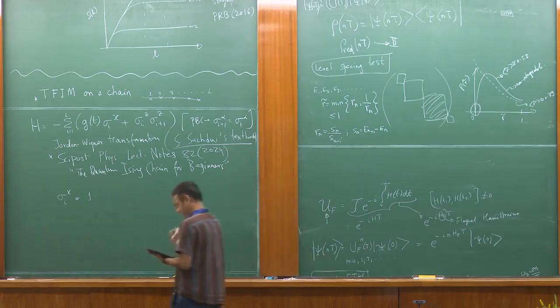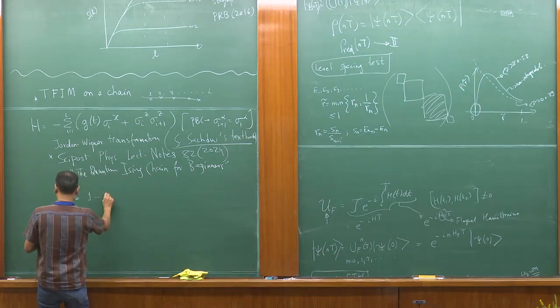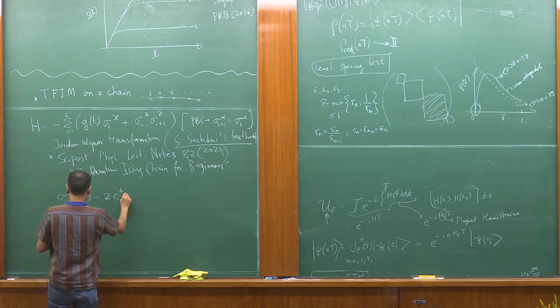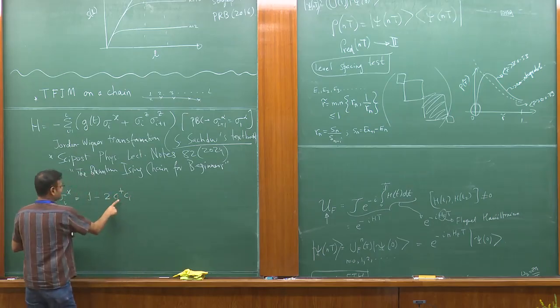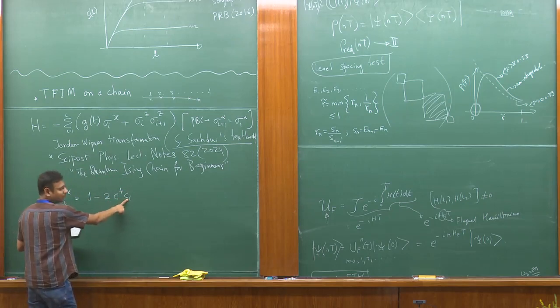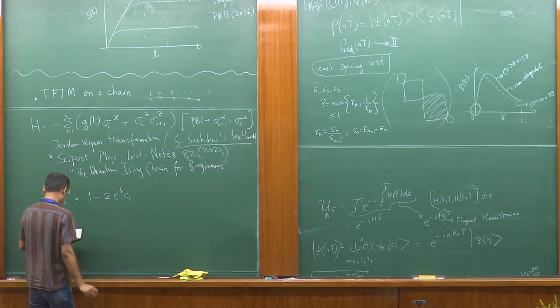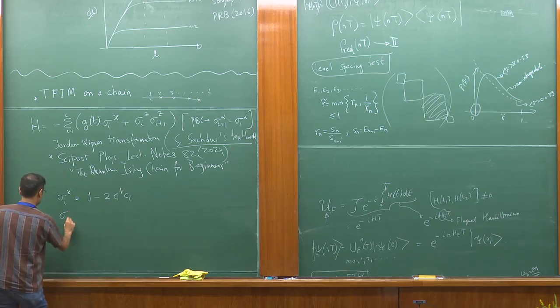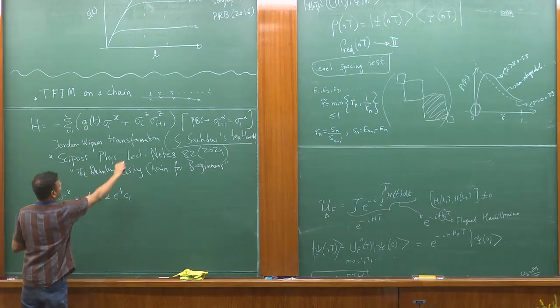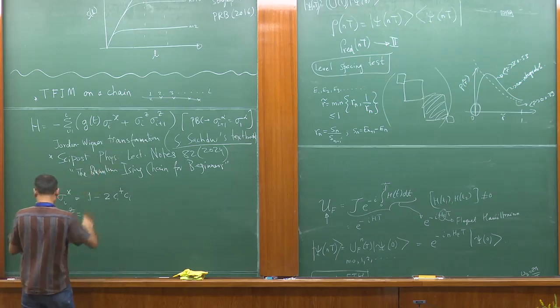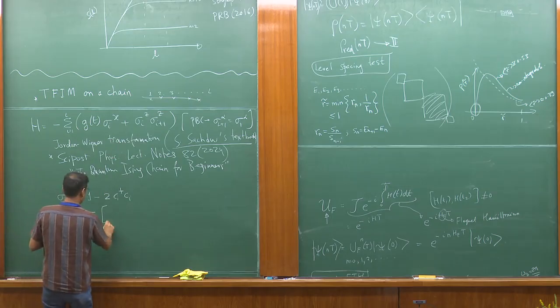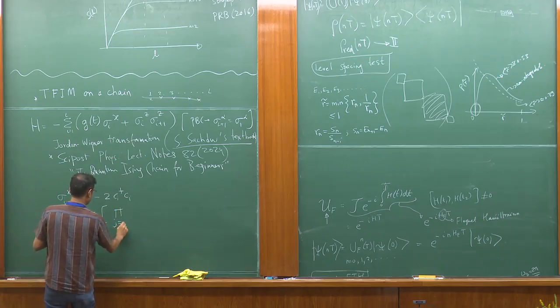Okay? So what is this mapping? This is the following, where these are creation and annihilation operators for the spinless fermions. And by the way, I'm writing the transformation on a ring, because I have this periodic boundary condition.